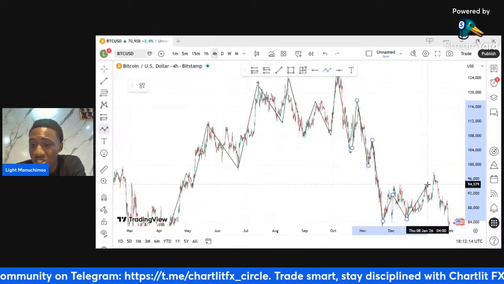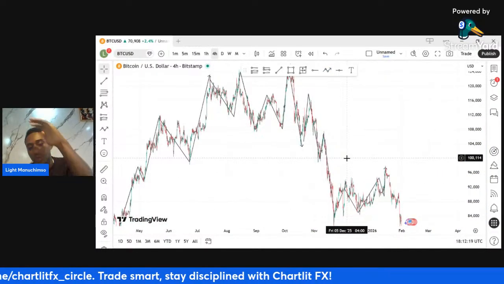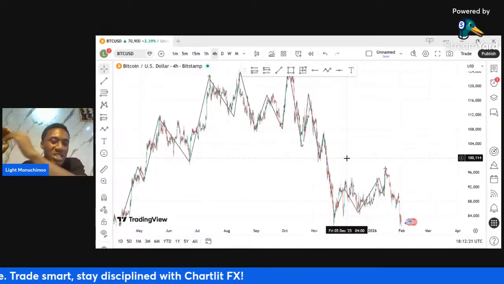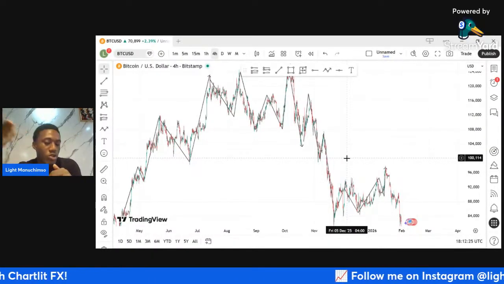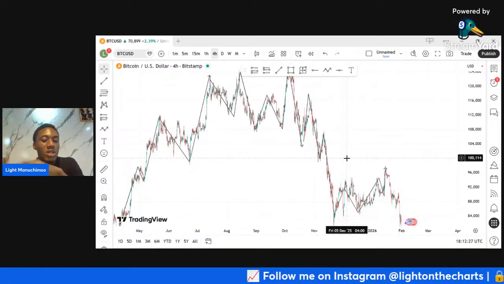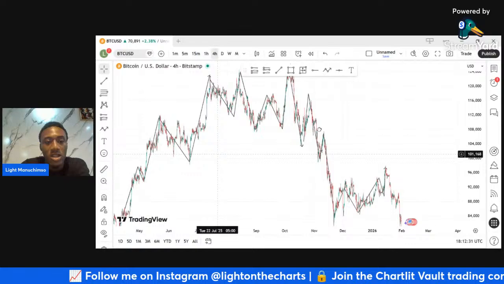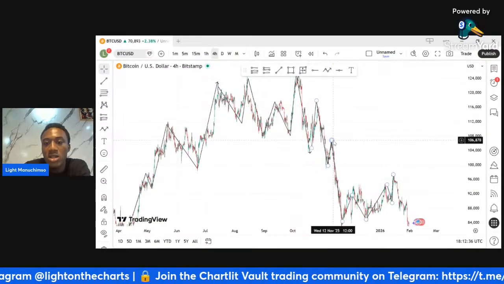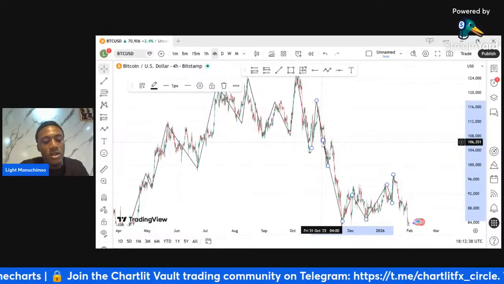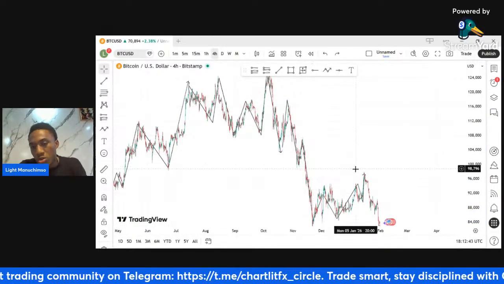You can see it's ranging right here. So that's basically how the market moves. It trends up for a bit, ranges, hesitates, busts up in the direction, continues, hesitates, accumulates, busts up in the direction. Like you can see right here, it trended up, hesitated, and then finally busted down, choosing the direction it wanted to go.